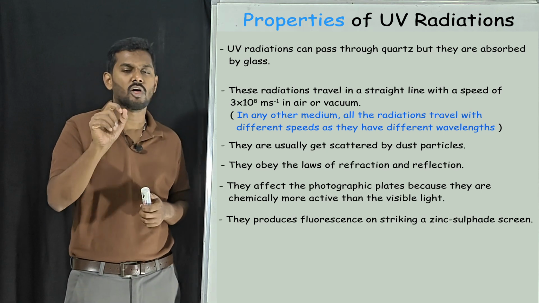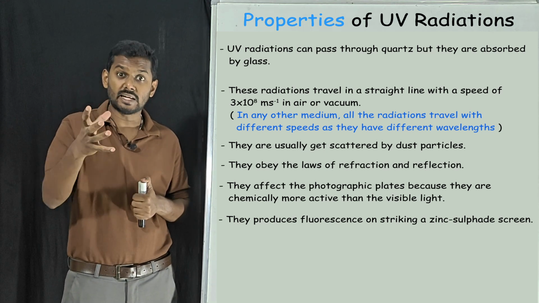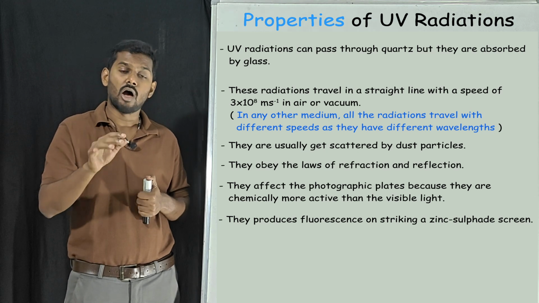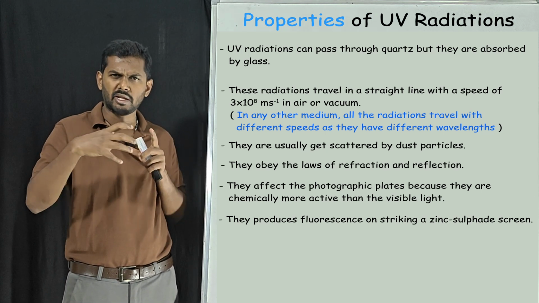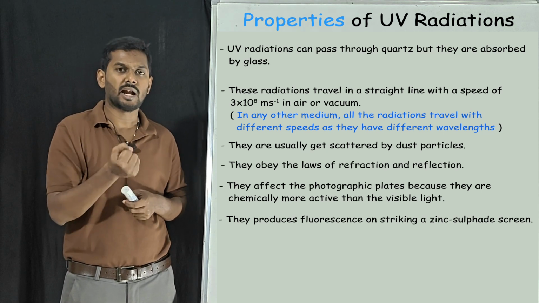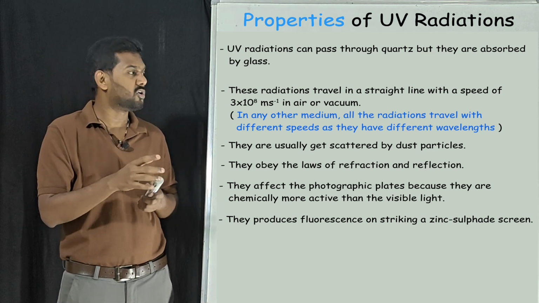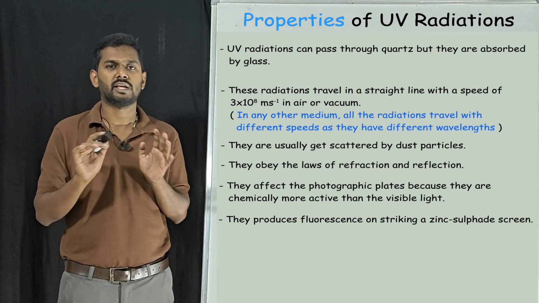What do you mean by fluorescence? Fluorescence is nothing but a bright light which we can see. Even though it is UV radiation, it produces a bright light by exciting the atom, that we can see. So these are the properties of UV radiations.